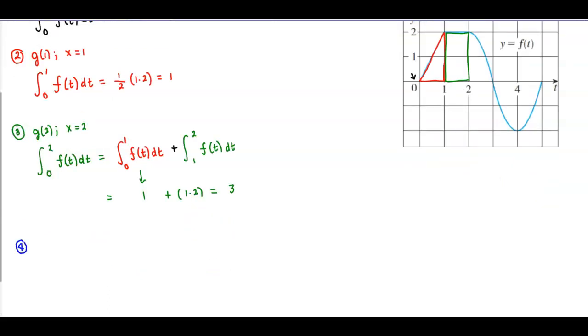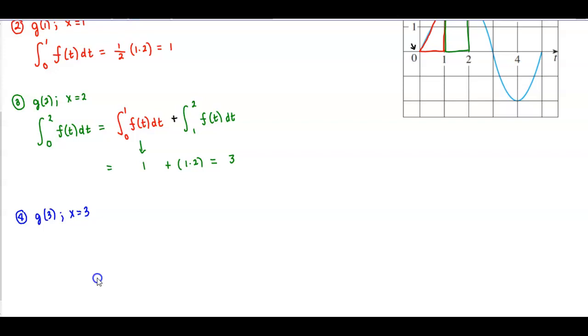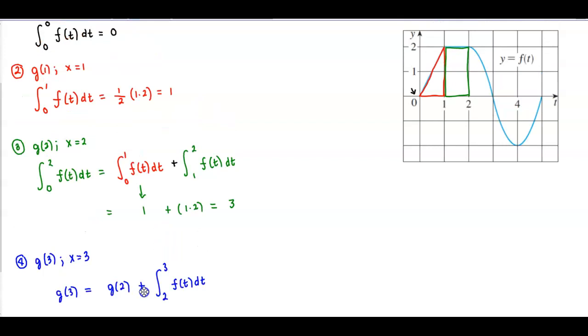Okay, now we're going to find g of 3, so that's when x is equal to 3. What do we know about g of 3? It's going to equal g of 2 plus the integral going from 2 to 3 of f of t dt. So we're looking at this scenario here. We want to find the area of that part going from 2 to 3.